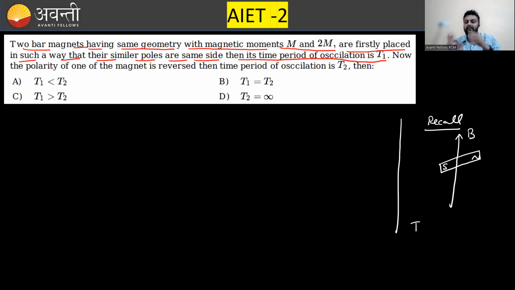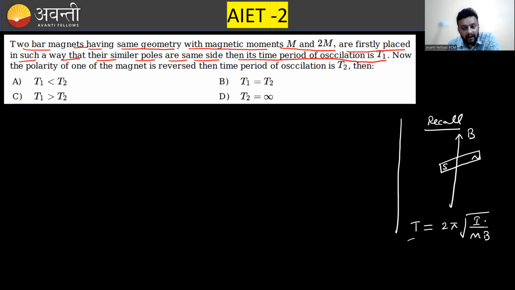So you know the concept of dipole moment. It oscillates in the field, along the field, or to and fro of the field. So this magnet will start oscillating, and its time period is 2 pi root of I over MB. Don't worry, I will explain each and every term here.